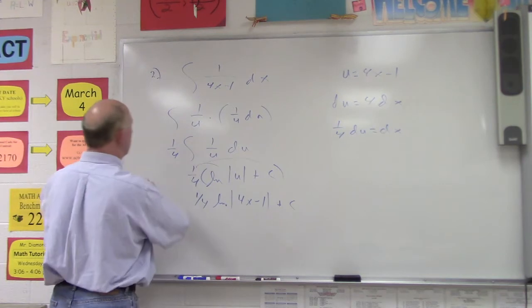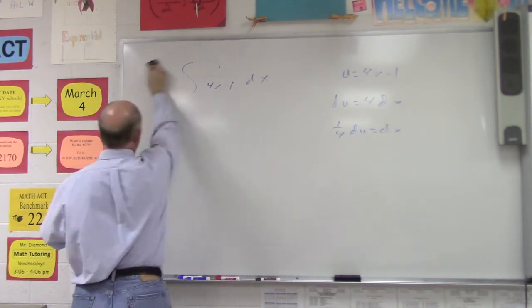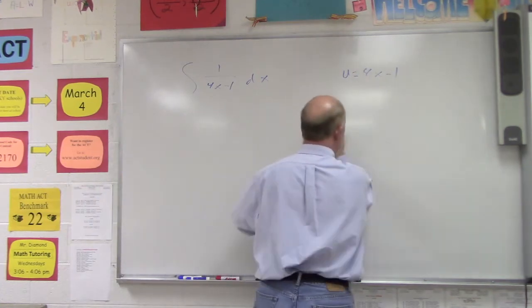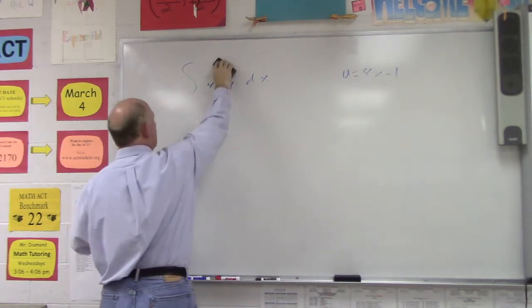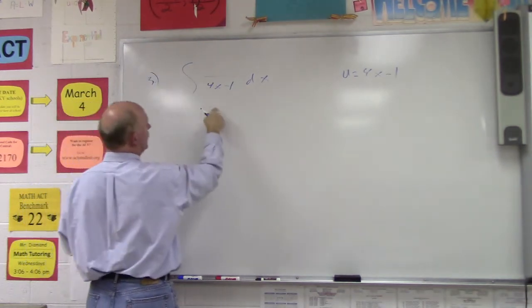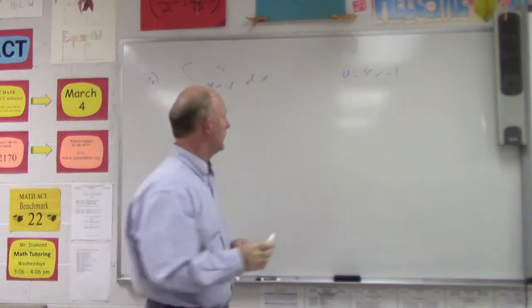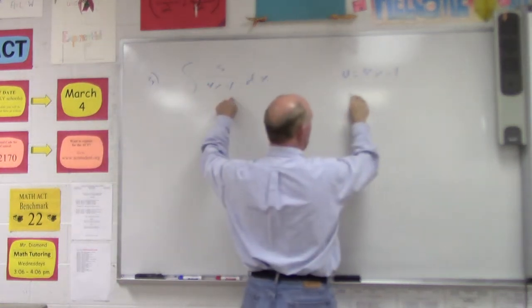Let's try another example. What if, instead of 1 over 4x minus 1, this had been 5 over 4x minus 1? Do it the same way. Let u equal 4x minus 1.